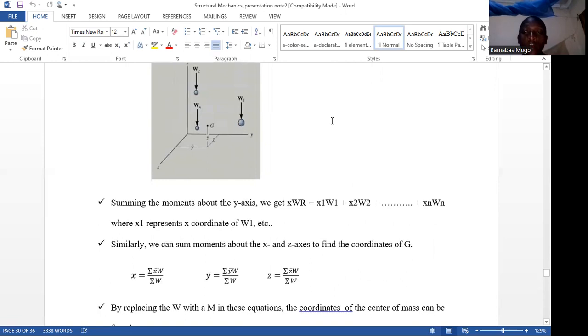So that you multiply x1 with W1 plus x2 times W2, x3 times W3 all the way to xn times Wn.